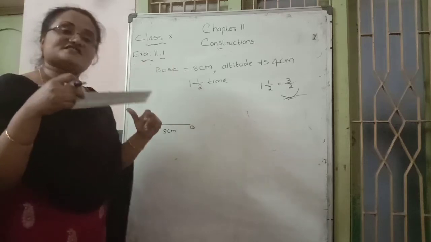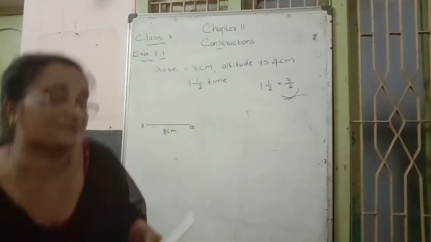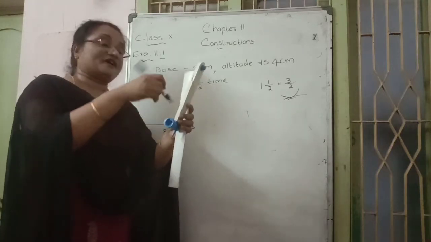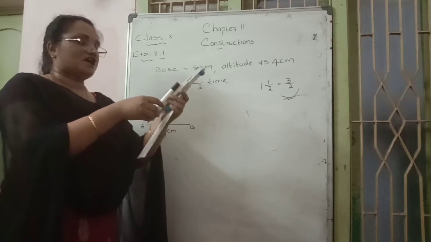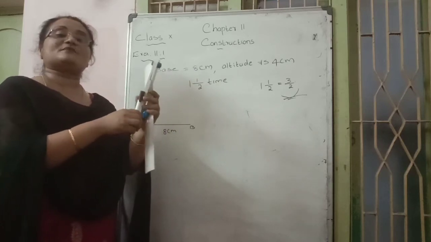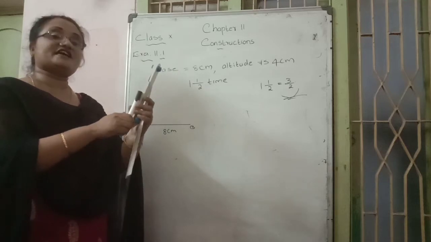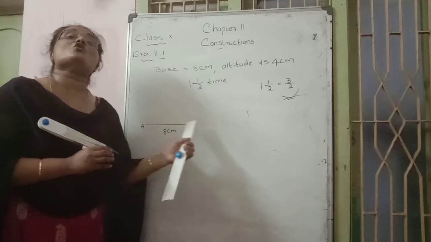Then for the remaining sides, how to find out? Draw the perpendicular bisector for this AB side. How to draw the perpendicular bisector? In previous classes we learned: take the AB side measurement, take more than half.